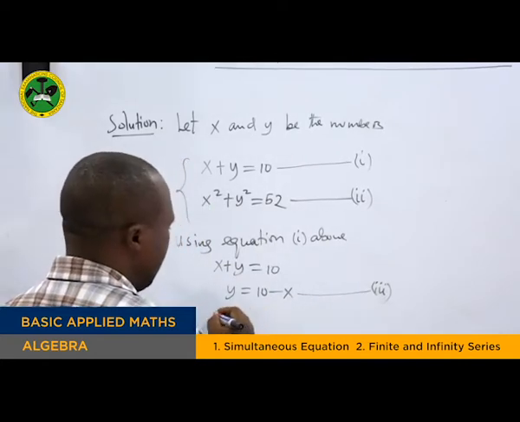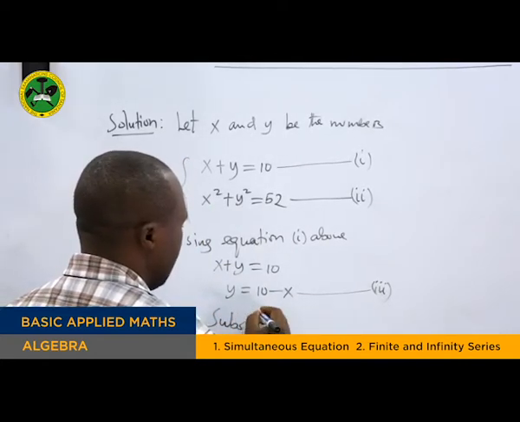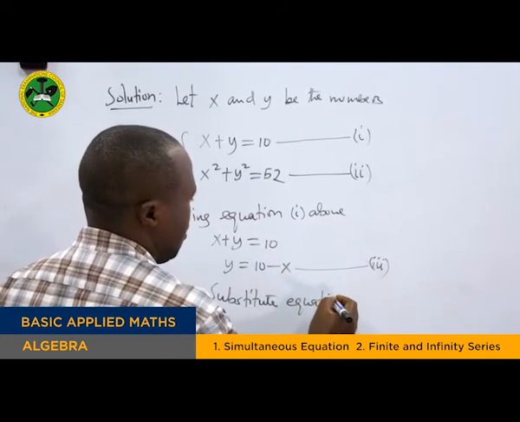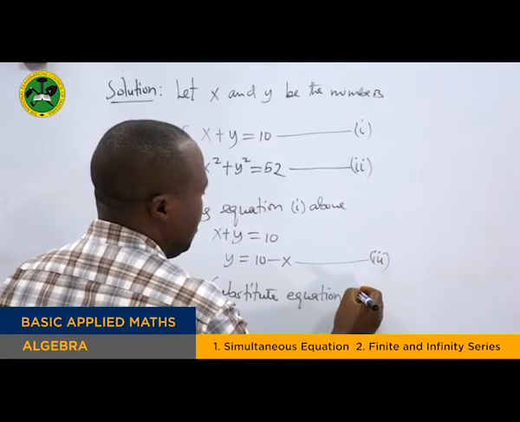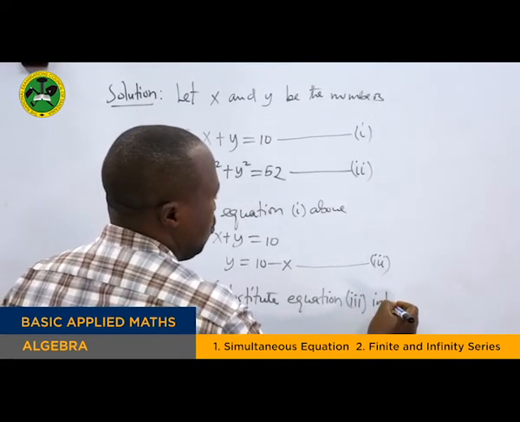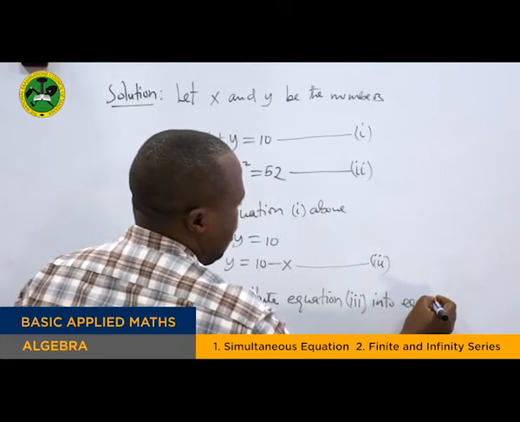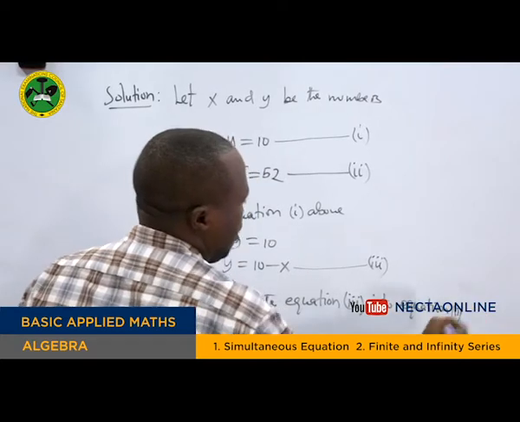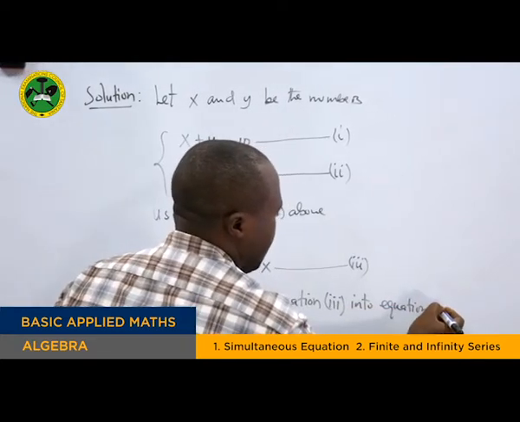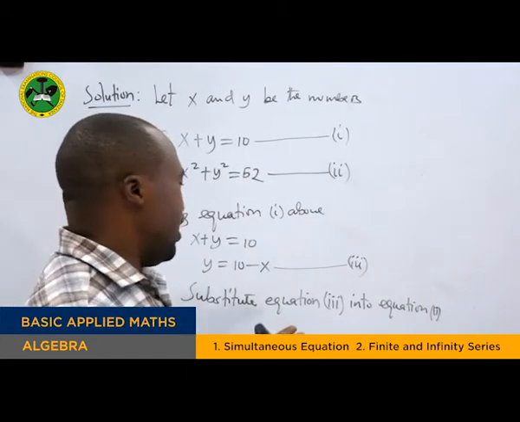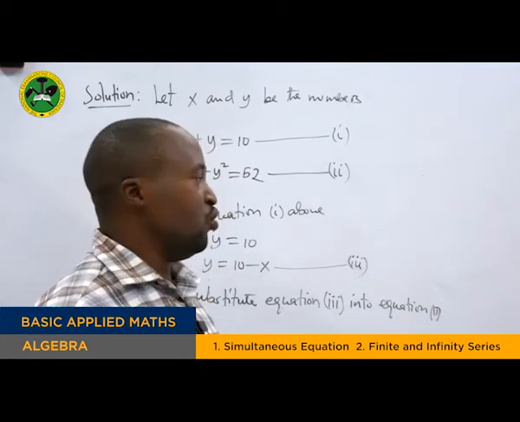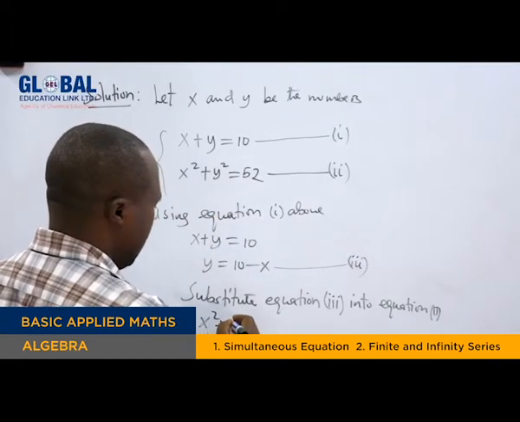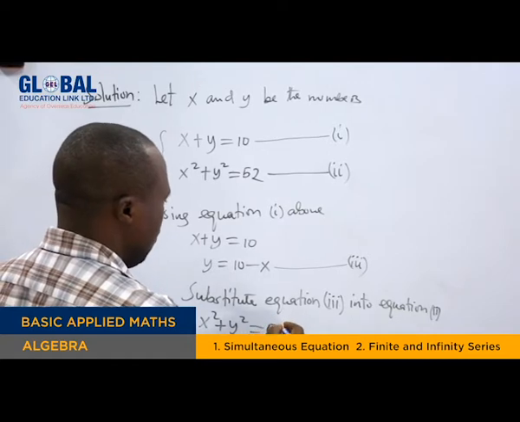So we are going to have x squared plus y squared is equal to 52.